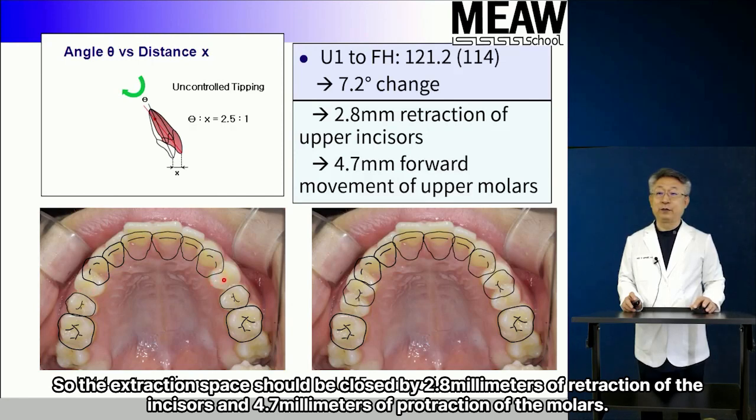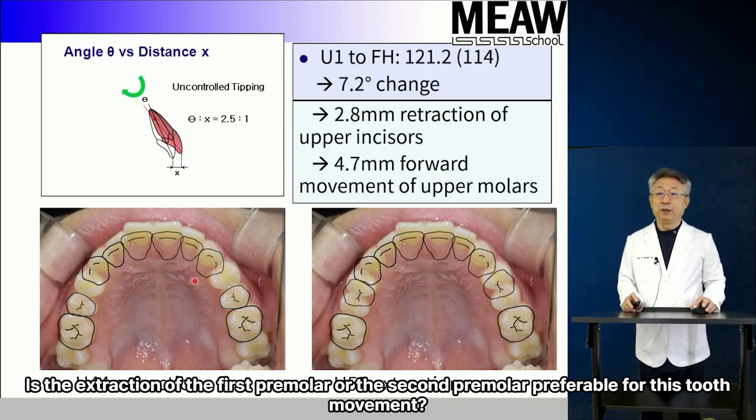So the extraction space should be closed by 2.8 mm of retraction of the incisors and 4.7 mm of protraction of the molars. Is the extraction of the first premolar or the second premolar preferable for this tooth movement?